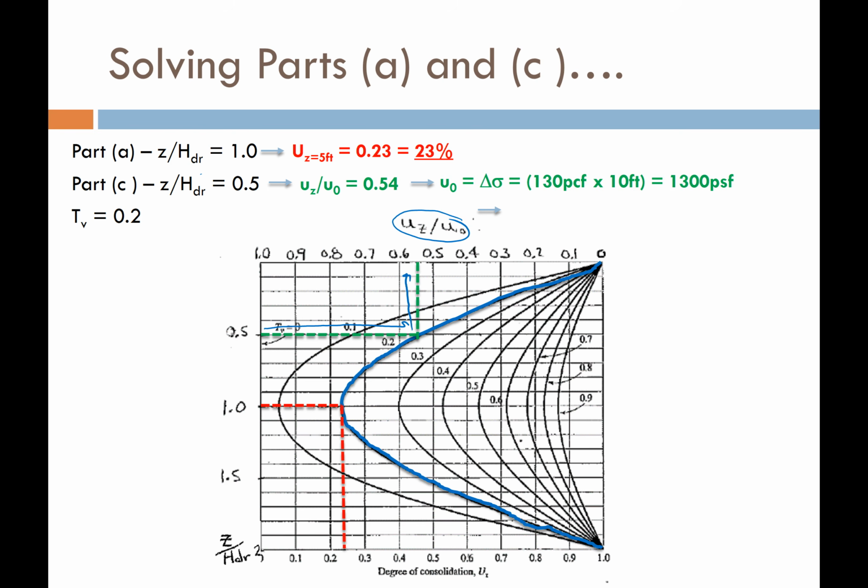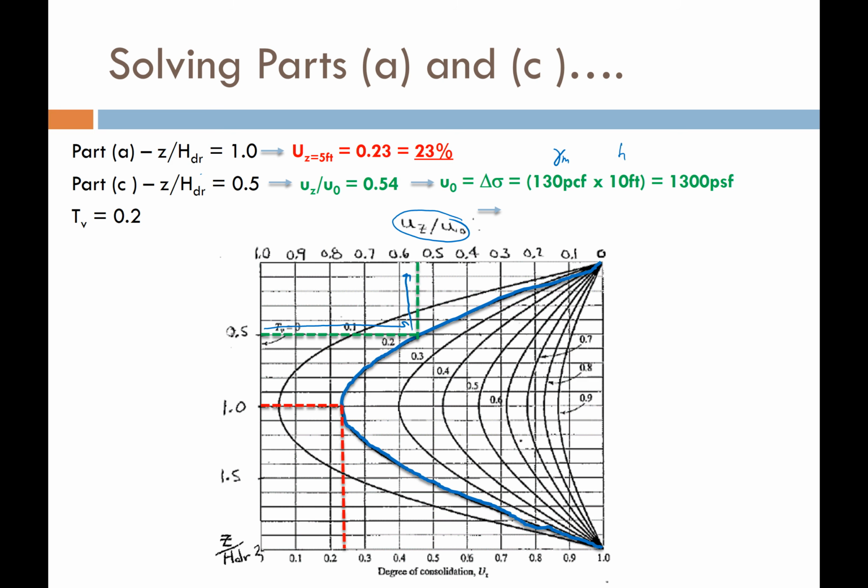Well, if that's the case, we know that my initial pore pressure is equal to my increase in stress, or my induced stress I put on the soil at time equals 0. And that's just going to be the stress from the new gravel layer I put on. The gravel layer has a unit weight of 130 pounds per cubic foot, and there's going to be 10 feet of thickness of it.